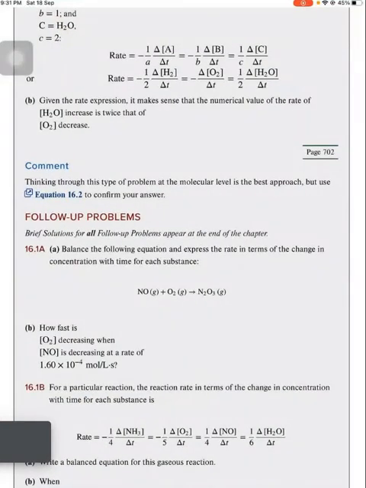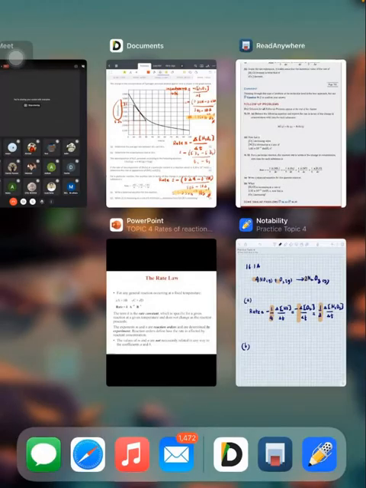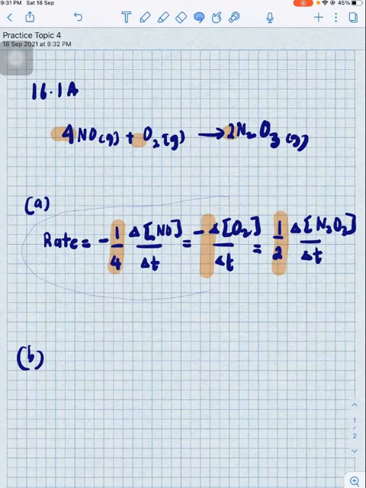It asks how fast O2 is decreasing when NO is decreasing at a rate of 1.6 times 10 to the power of negative 4. So now it wants us to compare between these two. We take these two, then put it here.